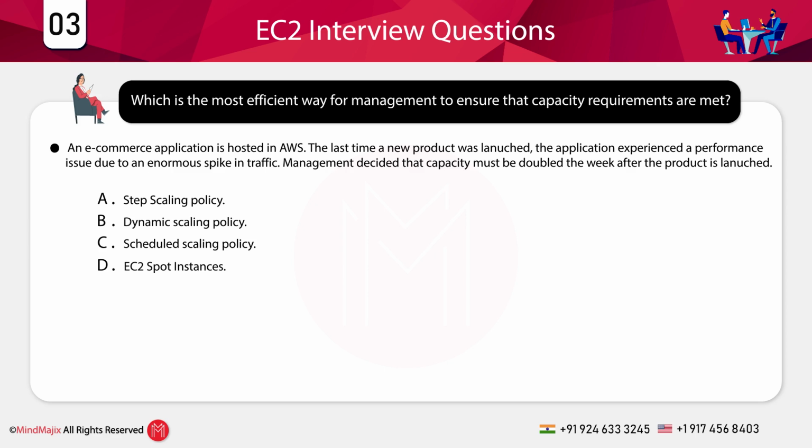It means, okay, from 9 to 5 I'll scale up and then it will be normal. Will it help? No. Dynamic scaling policy: whenever the traffic is at peak, it will scale up the EC2 instances. That is the most efficient way. Here in this question, the most efficient way will be the dynamic scaling policy.